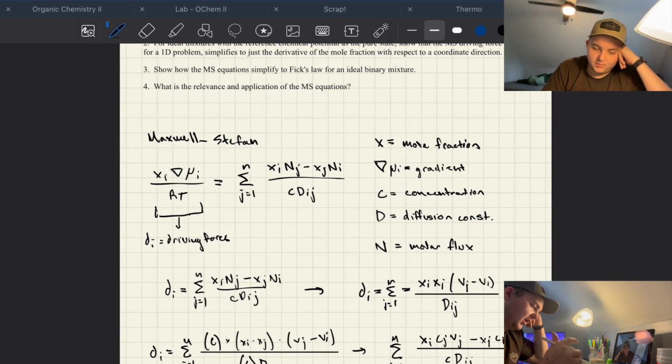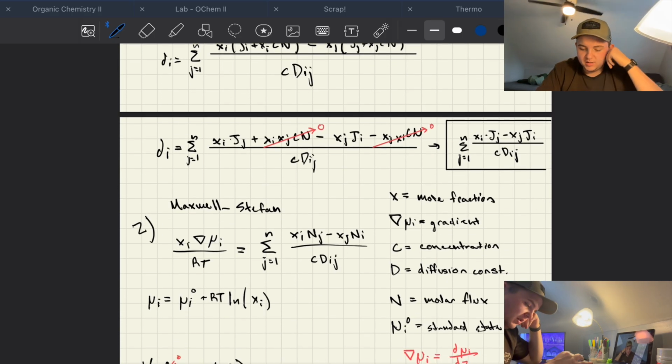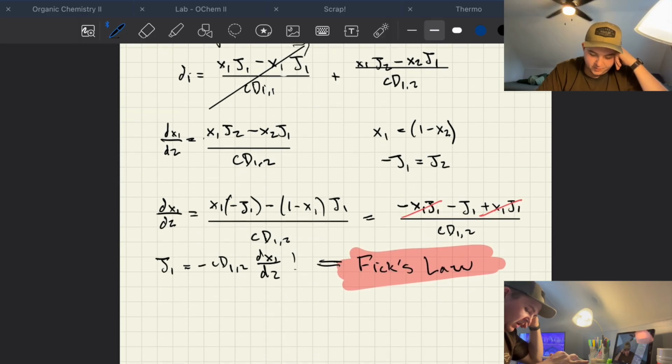So, to go over the relevance and application of the Maxwell-Stefan equations, let's scroll down a little bit.